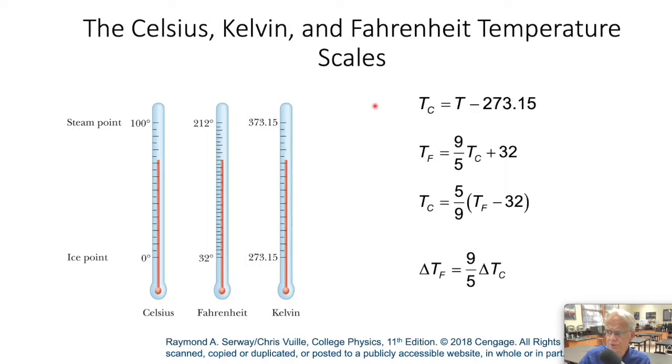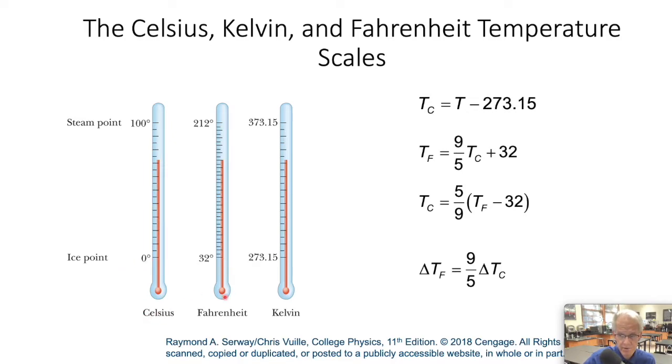And on this page, we're going to relate the Celsius scale, the Fahrenheit scale, and the Kelvin scale. Mostly we can look at the ice point and steam point of water. The ice point, or the place where water freezes at 1 atmosphere, is 0 degrees Celsius.